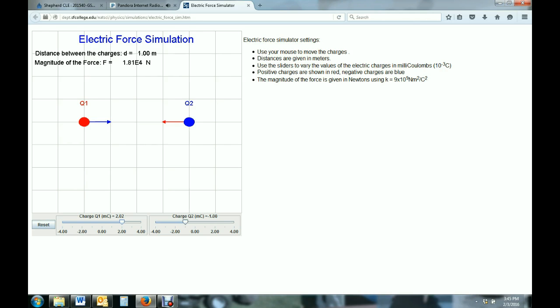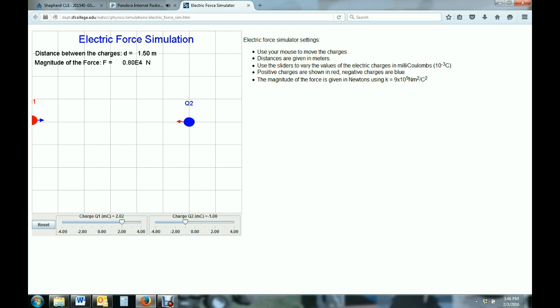Now, the next question that we want to look at is what happens if we change the distance? Currently, we are at a distance of 1 meter. If I double the distance, let's see, if I grab a charge and I move there, not quite, that's only 1.2, so, there we go.